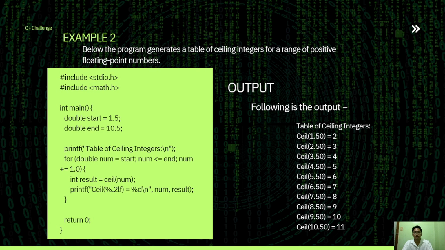So it will count 1.50, 2.50, 3.50, 4.50, 5.50, 6.50, 7.50, 8.50, until it reaches 10.5. When we round it up to the nearest integer, 1.50 becomes 2, next is 3. We can see the output here.